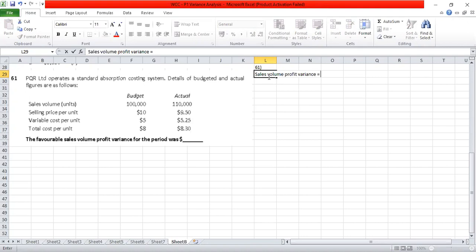So when we have the variable cost and the total cost, 5 is given, 8 is given.